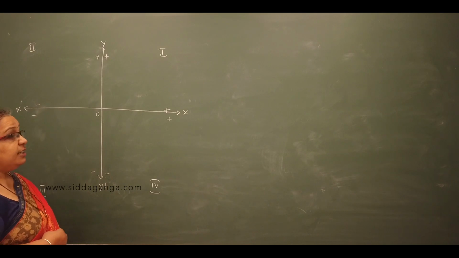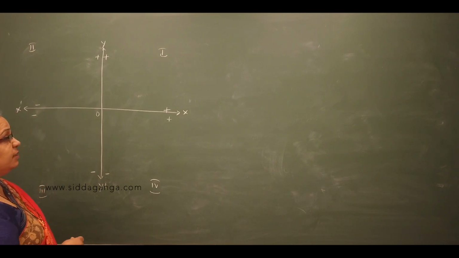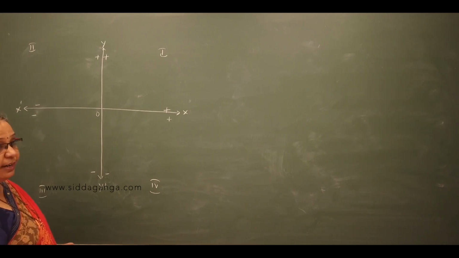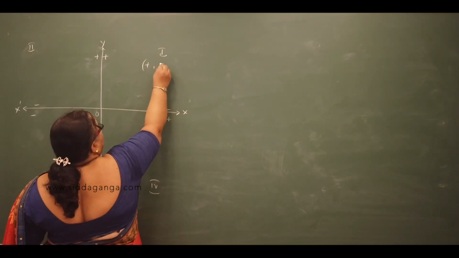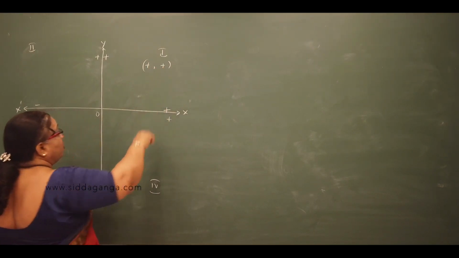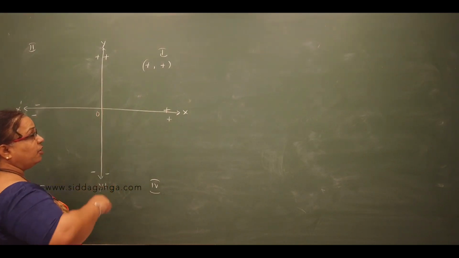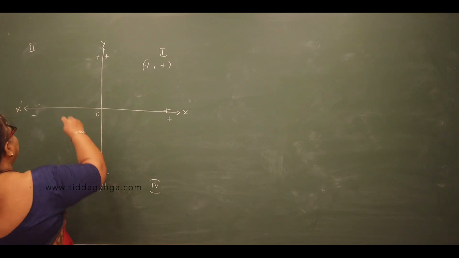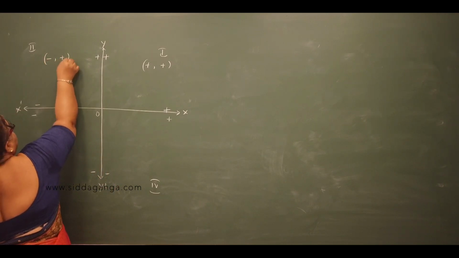So we know that any point which lies in the first quadrant must have the sign plus, plus. Both x coordinate and y coordinate must be positive. In second quadrant, negative and positive.